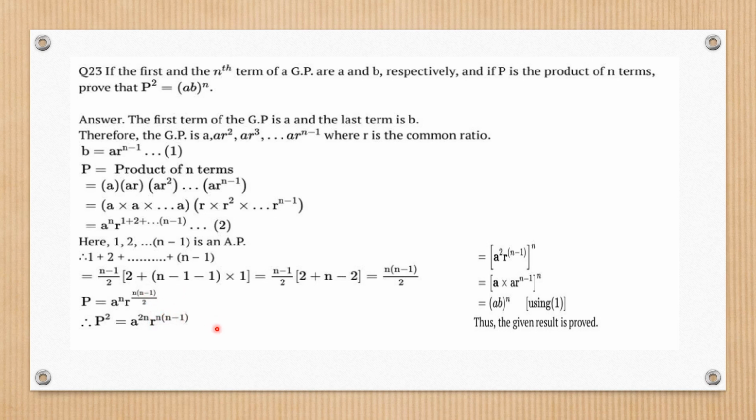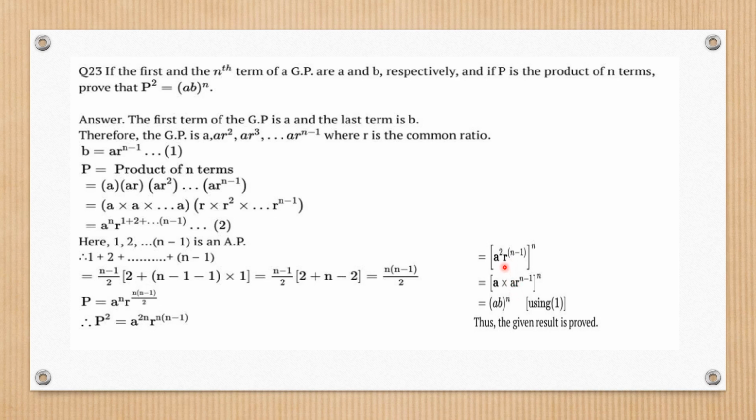Now let us frame ab raised to power n. a is the first term, so a is itself a, and your p is ar raised to power n minus 1, and its whole power n you have to take. So a into b will become a square into r raised to power n minus 1. Okay, now open this powers, you will get same side itself, it is a into a.